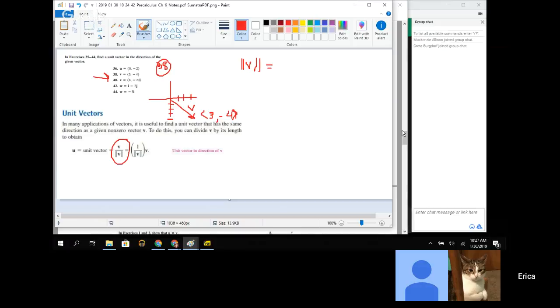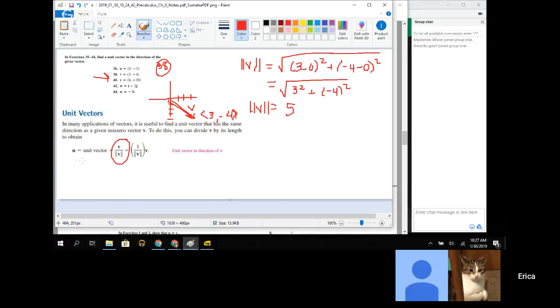So it's going to be the square root of 3 minus 0 squared plus -4 minus 0 squared. So 3 squared plus -4 squared. When you do the math, this actually gives you 5. So the magnitude of vector v is 5. If you drew this on a graph and measured it out, that would be 5 units long.